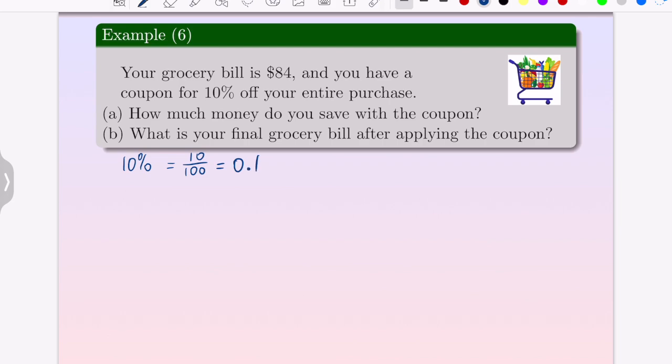And to find the coupon, it would be my original amount times the percentage in decimal, that would be my discount. So it's 84 times 0.1, and in that case would be 8.4. So how much money do you save? This is for part A, you save $8.40.